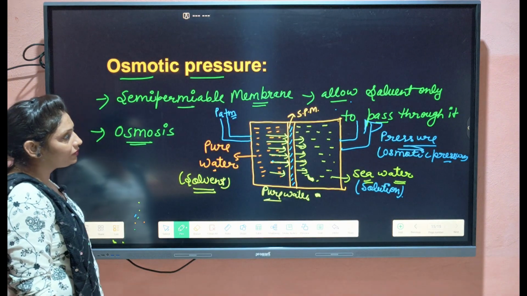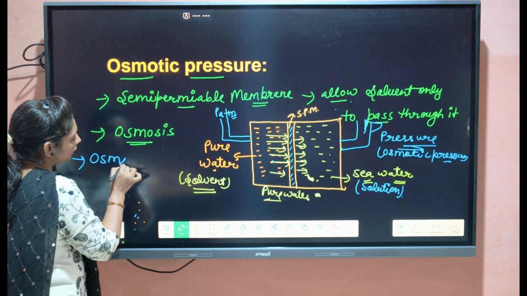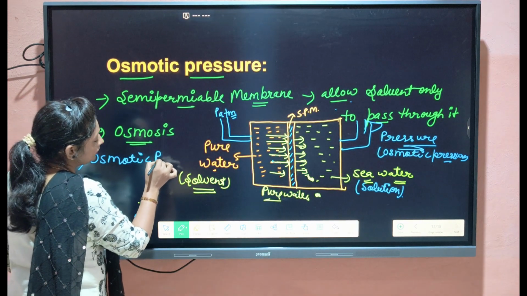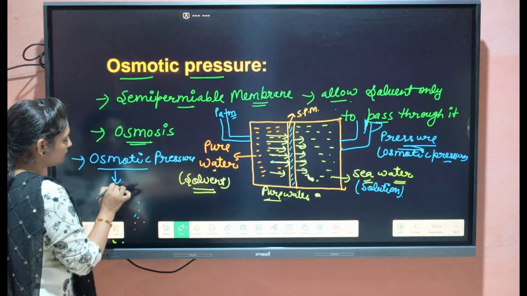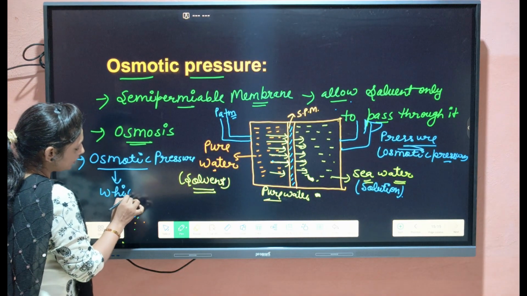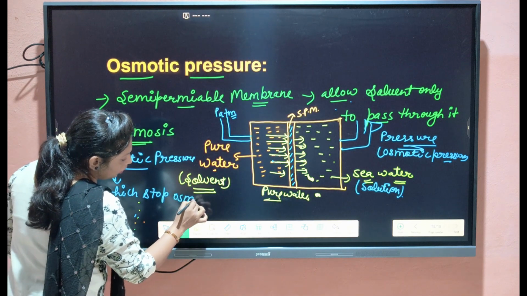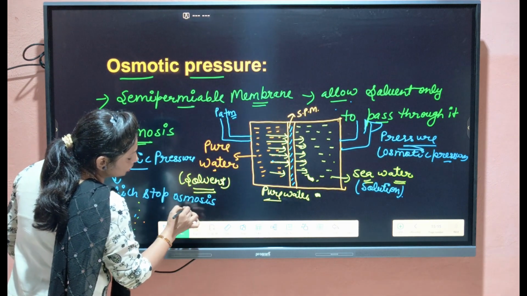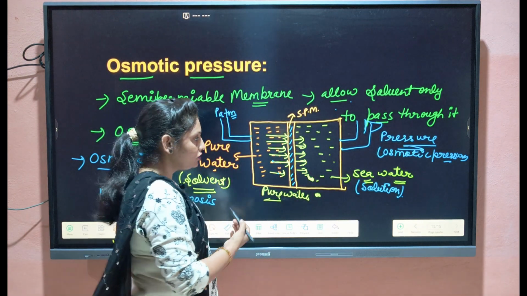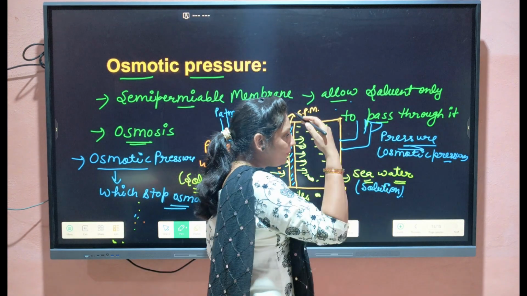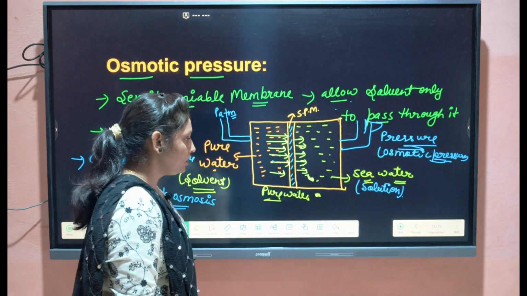Osmotic pressure is that pressure which stops osmosis, or we can say which stops the flow of the solvent. Okay, or we can say the applied pressure is known as the osmotic pressure.